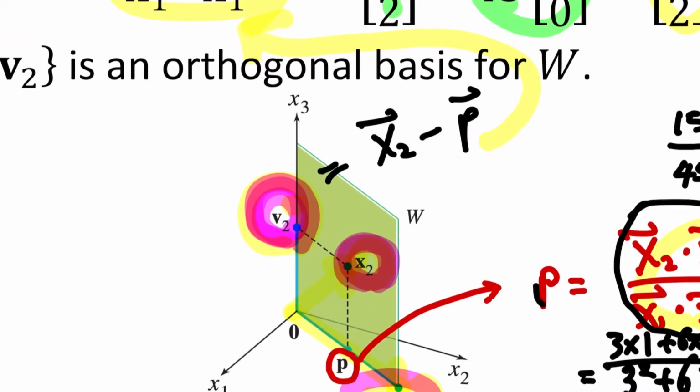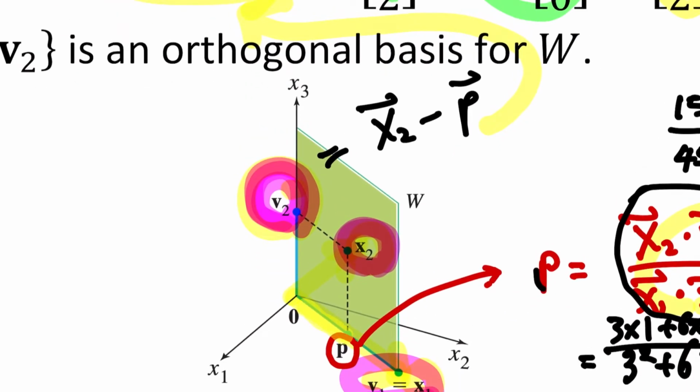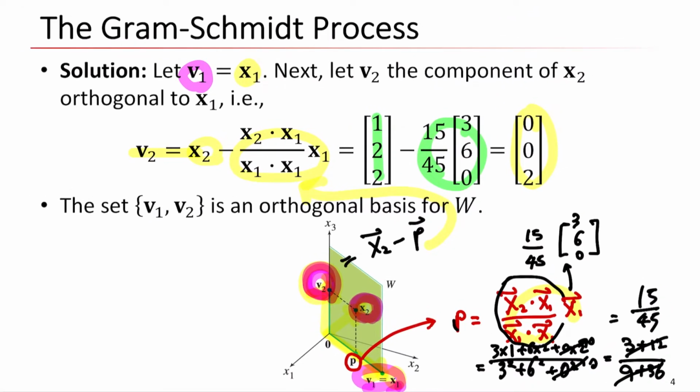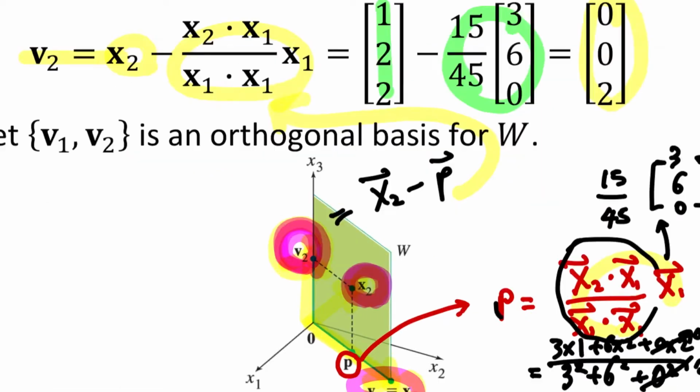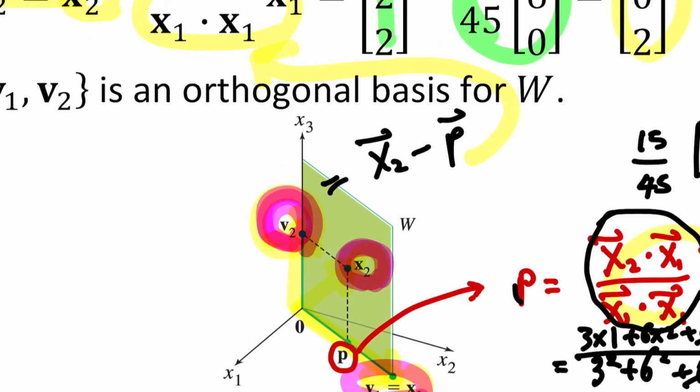Okay, so now we have v1 and v2 here. And then v1 and v2 are orthogonal to each other, right? Why? Because v2 is a component of x2 orthogonal to v1, right?